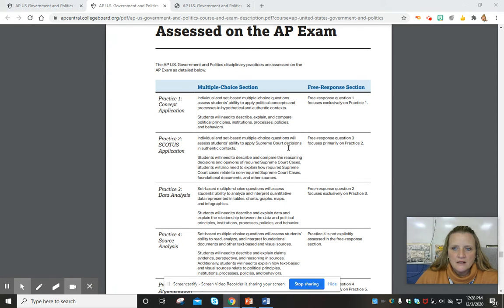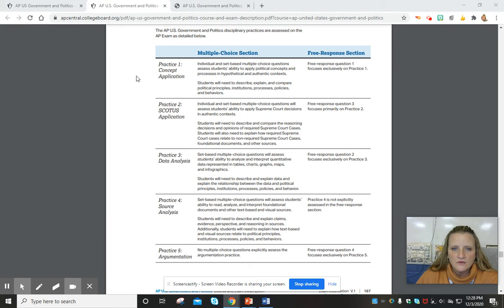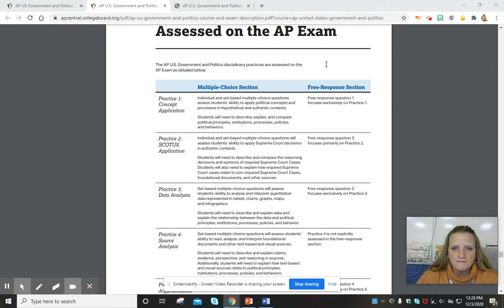All right. These are just concepts. You can look at those if you want. Concept application talks about how in multiple choice questions, you'll need to describe, explain, and compare political principles, institutions, processes, policies, behaviors. All of that talks about concepts.